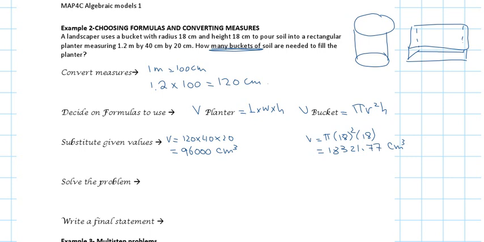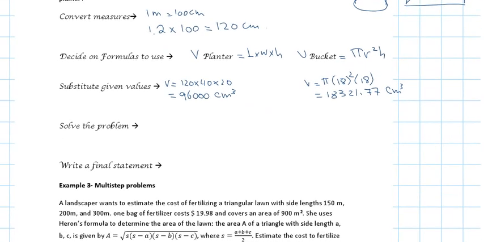Okay, am I done? What's the question asking me for? You have to find out the number of buckets. So to find the number of buckets, what do I do? Divide the volume of the planter by the volume of the bucket. Good. So I need to find the total volume of the planter and divide that by the volume of the bucket.